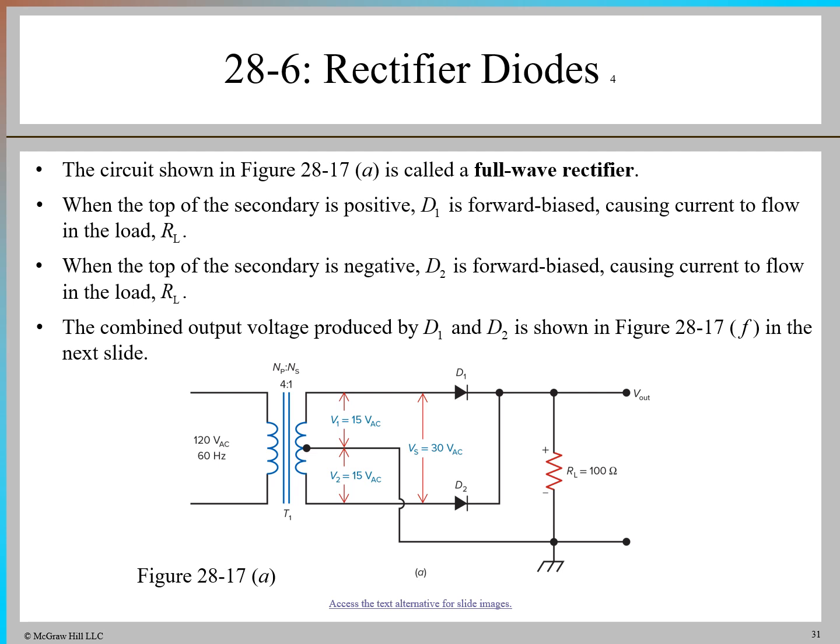In the negative half cycle, diode D2 becomes forward biased and allows current to pass through R sub L, while D1 is reverse biased, blocking current. The key point here is that the direction of current through R sub L remains the same for both half cycles, providing a smoother and more consistent output compared to a half-wave rectifier.